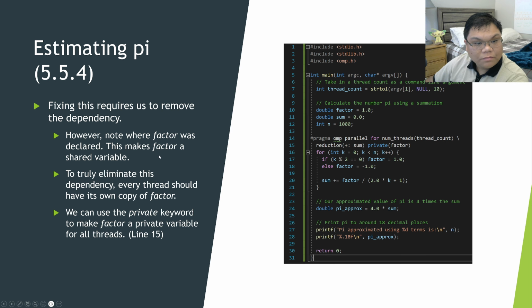Check this out. We have the private clause, and in the parentheses we just say factor. That is a private variable now. Every thread is going to have its own private copy of factor, and no other thread is going to change it for any other thread.